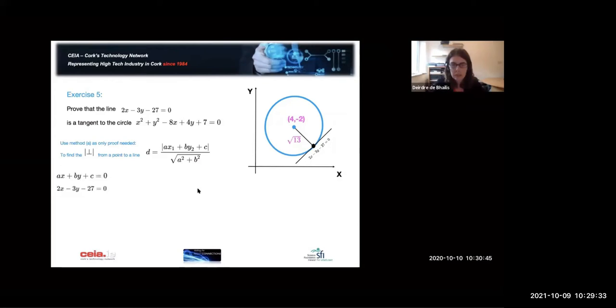The line that we're interested in is the tangent, and the point is the center point. So in this case, A is 2, B is minus 3, and C is minus 27. x1 is 4 and y1 is minus 2.